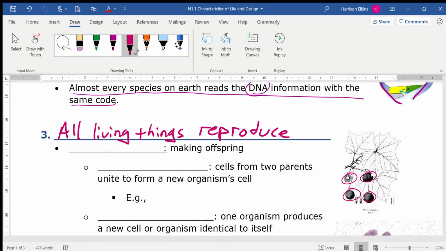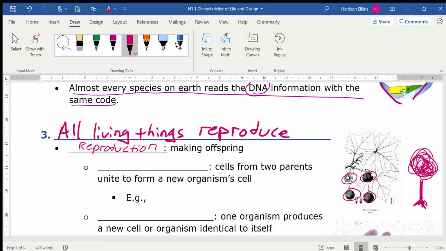That seed can then be planted, and when it's planted, it will grow into another tree. It's reproduced itself in a sense. There's a nice little tree. So the simple definition of reproduction is making offspring.